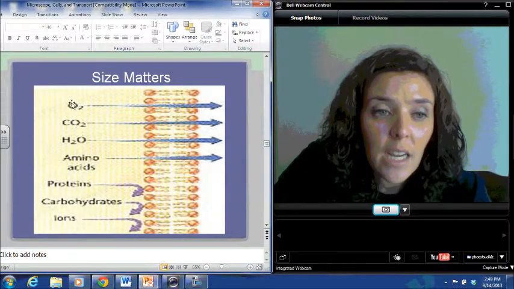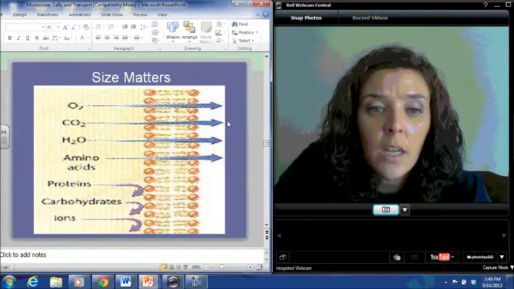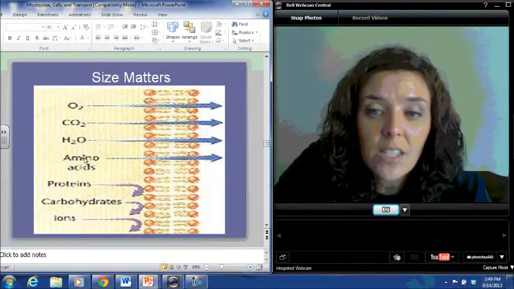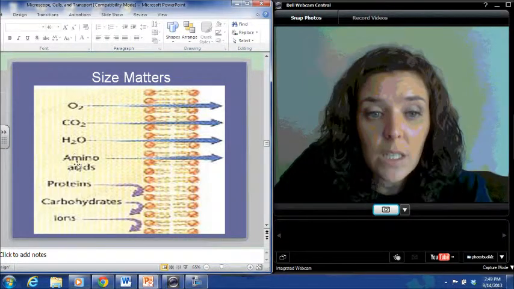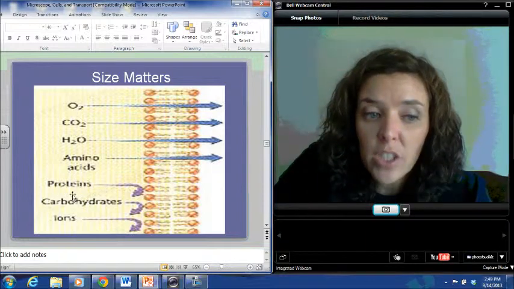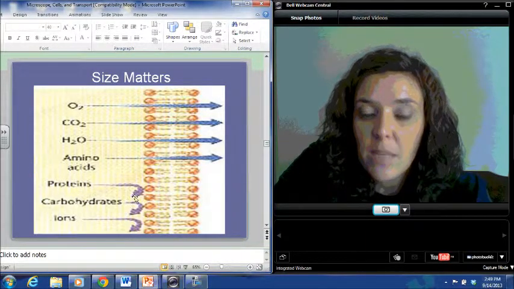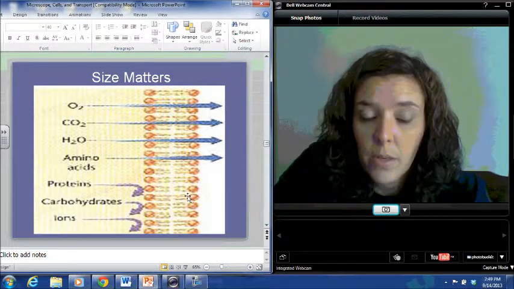Oxygen and carbon dioxide are pretty small, so they can transfer pretty easily across the membrane. Remember, amino acids are the building blocks for proteins, so they're really small too and can pass right through. But when they become larger, like these polymers, proteins and carbohydrates, the membrane rejects them. They're too big, they cannot go through.